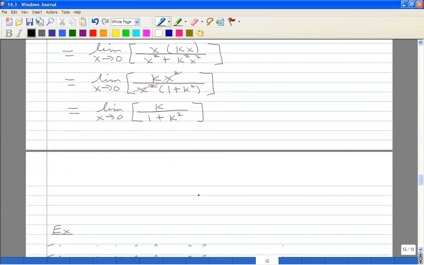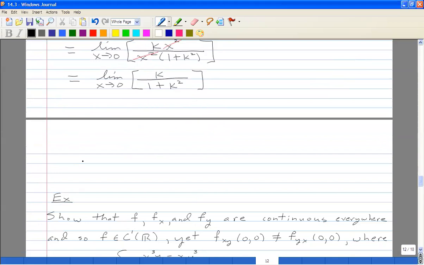Well, obviously this is a constant, so it's just k over 1 plus k squared. And so that says that this limit does not exist.